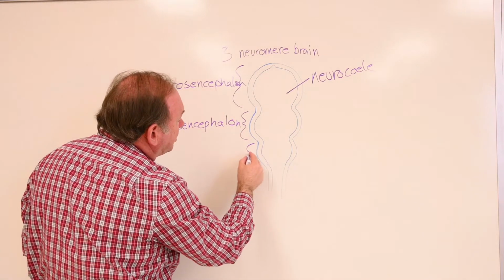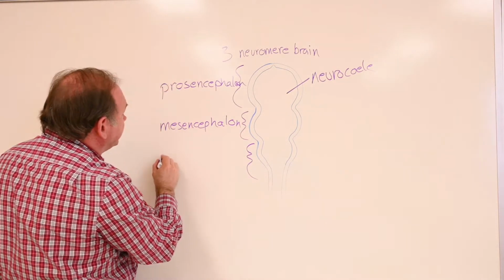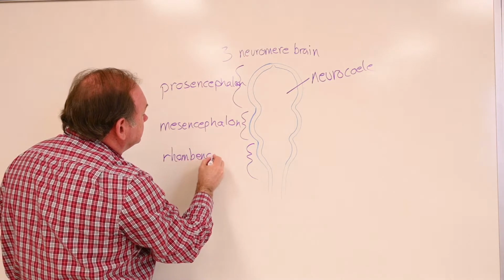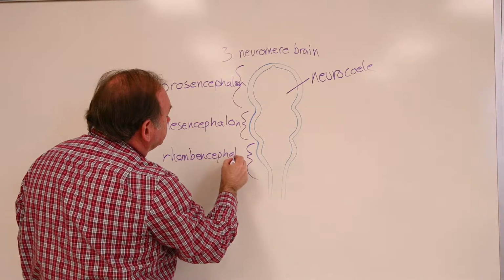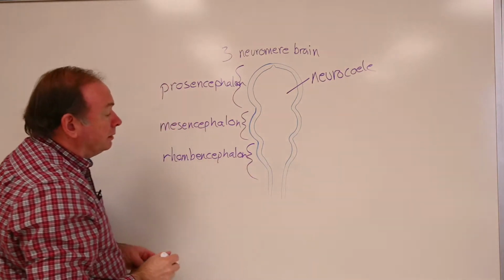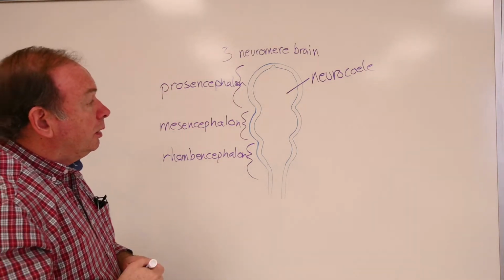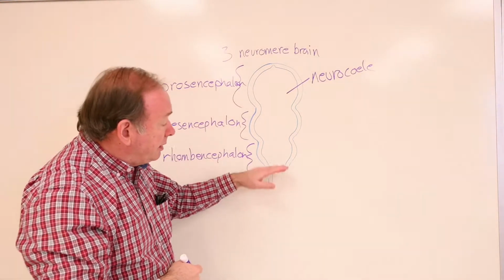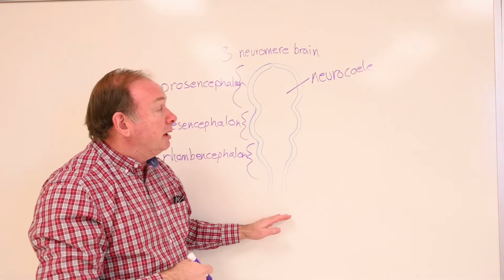And then this last part back here is the rhombencephalon. What we know is the adult brain will form from these 3 segments, and the remainder of it back here will become spinal cord.